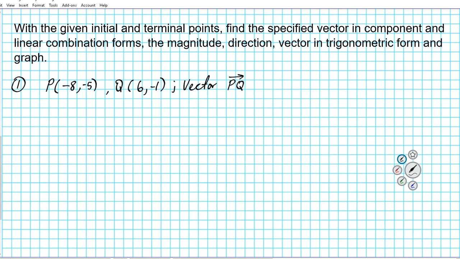One thing to note is that the letters tell you what the initial and terminal points are for the vector. So P comes first, which indicates that this point is the initial point, and Q comes next, so Q is the terminal point. And the arrowhead of the vector notation also tells you the movement. You go from initial to terminal point, okay?